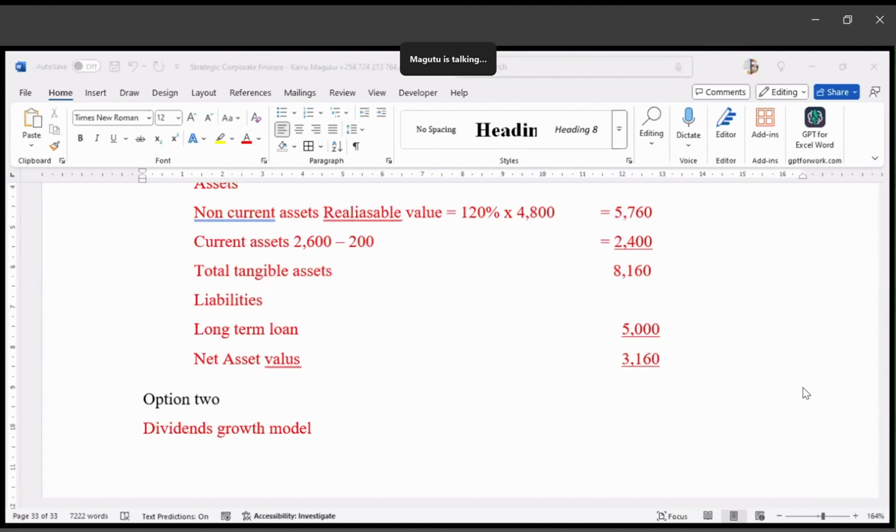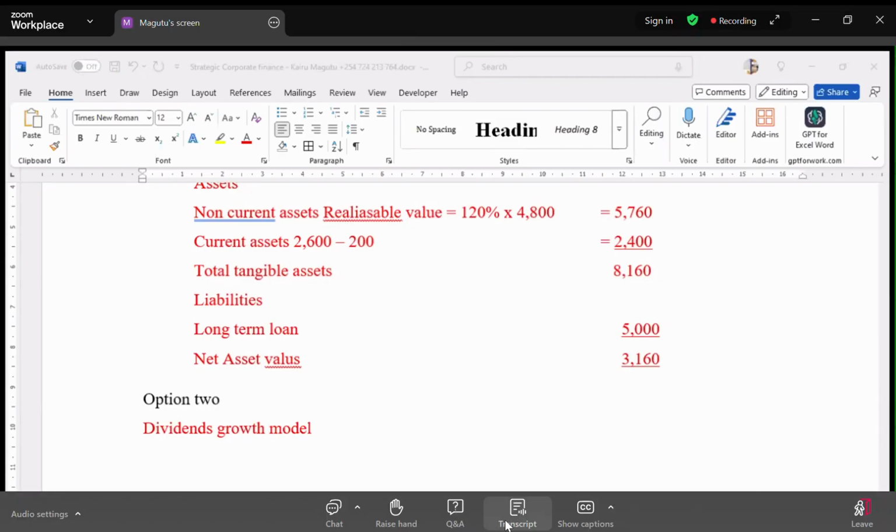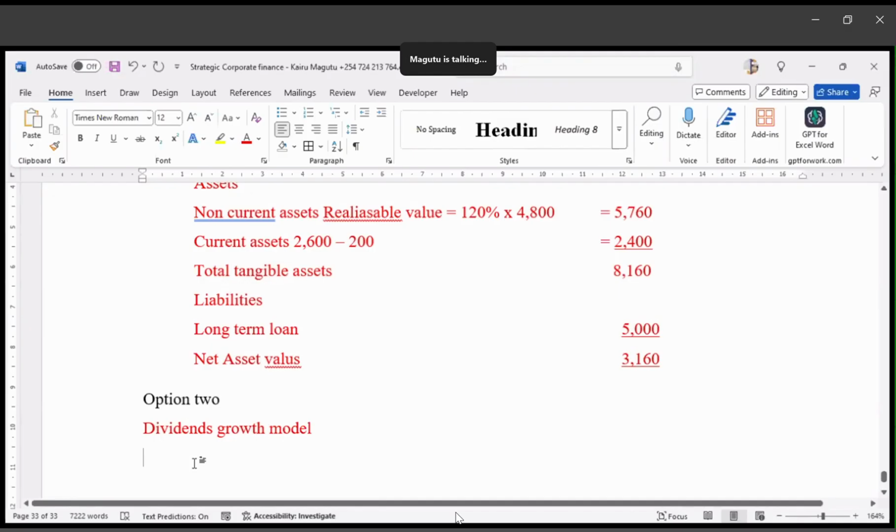If you are going to use the dividend growth model, what is expected of us? We know that in the dividend growth model, the value of a firm is the present value of a growing DPS.